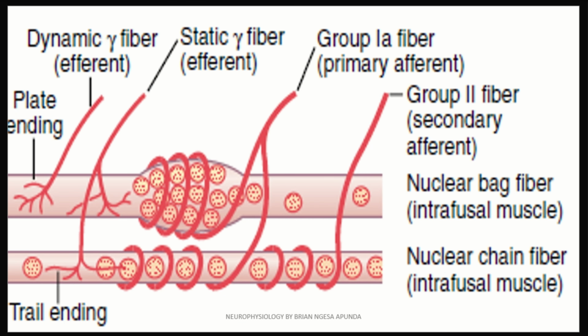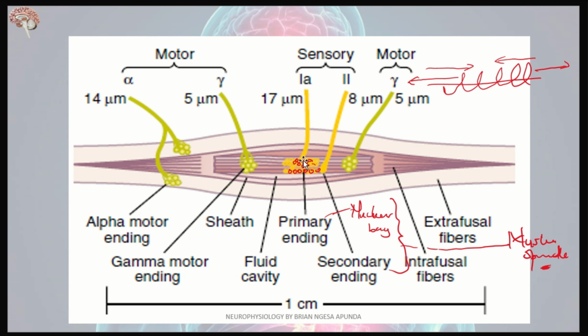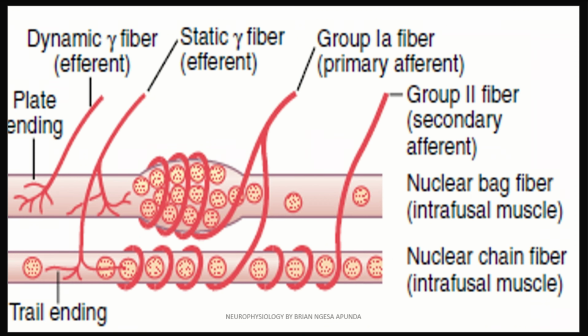So if we enlarge that a little bit, you focus on this intrafusal area. If we enlarge it, this is what you are likely to get: the primary part and the secondary part. So the secondary, we are having the type 2 fiber originating from the nuclear chain.